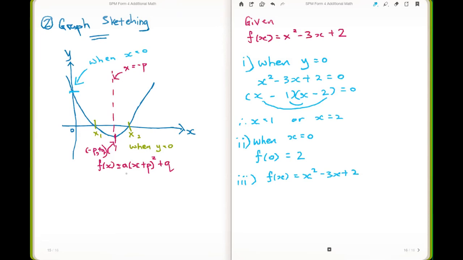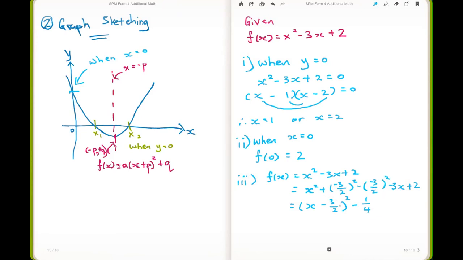To express it in this manner: x minus 3 over 2 squared, subtract minus 3 over 2 squared, minus 3x plus 2, plus a minus term, and you should be good at it as time goes on. And this one is 9 over 4, so the point is (3/2, -1/4). The minus 3 went missing because it's inside here already.